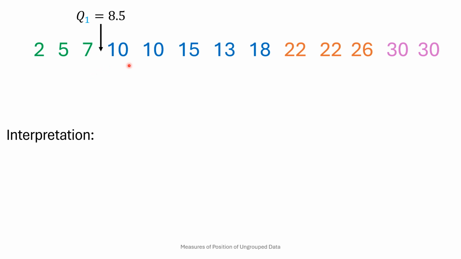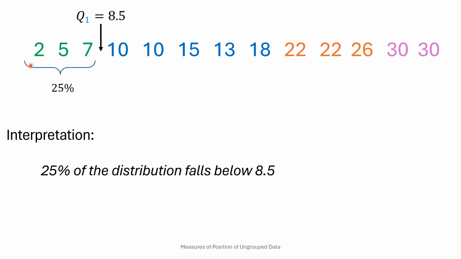How do we interpret this position? 25% of the distribution, which is 3 values, falls below 8.5.